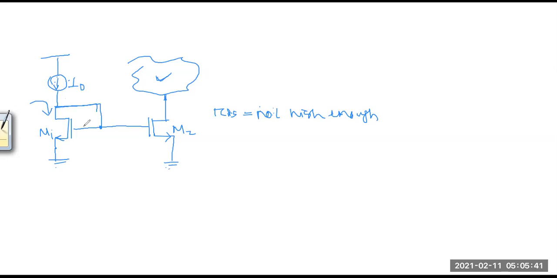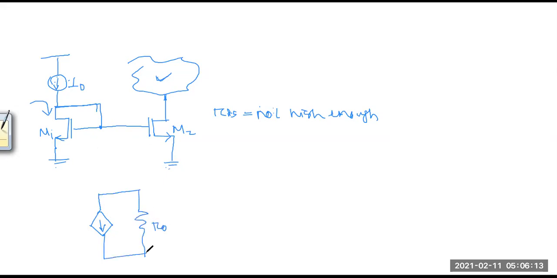Is it R0? What is that value, approximately? How do we calculate it? Have you done small signal analysis? If you do the small signal analysis from this point, for this transistor, this is your model, and this is R0.